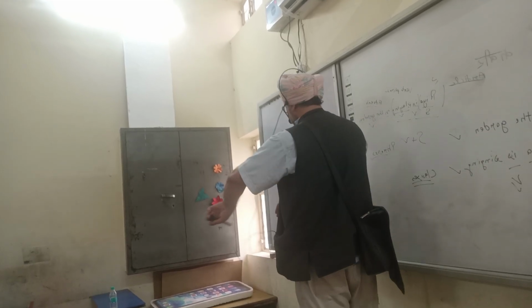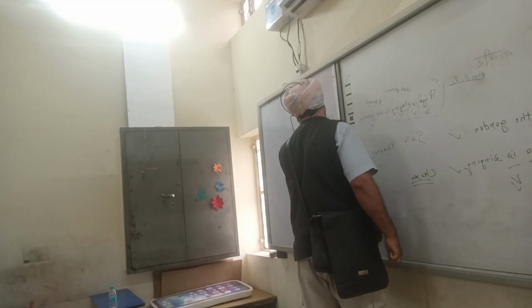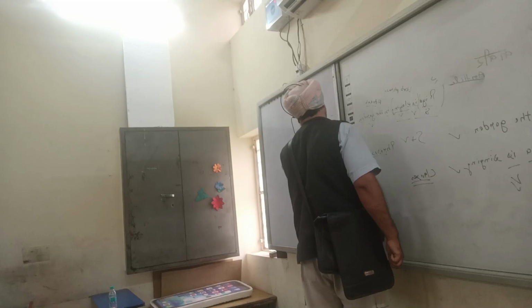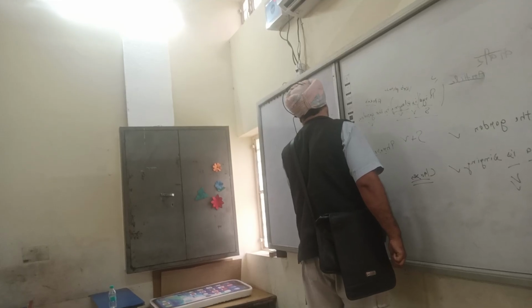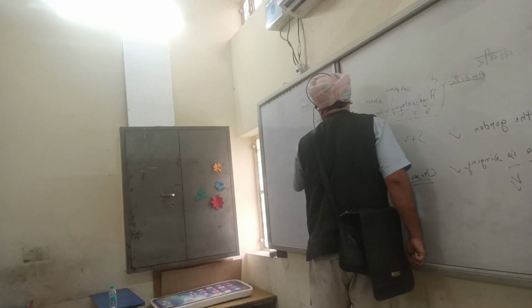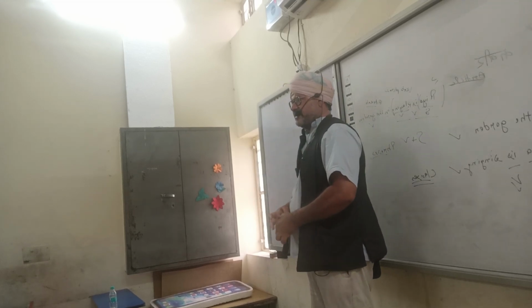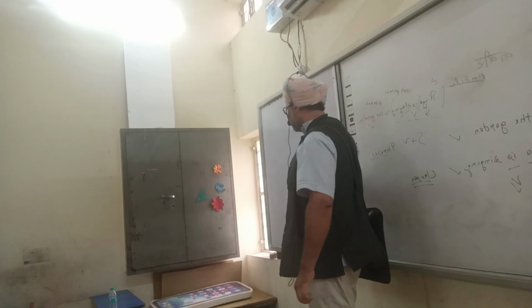So, what are the kinds of noun? Person, place, and thing. Now, we have explained how to express anything.